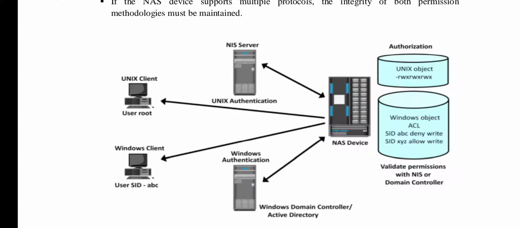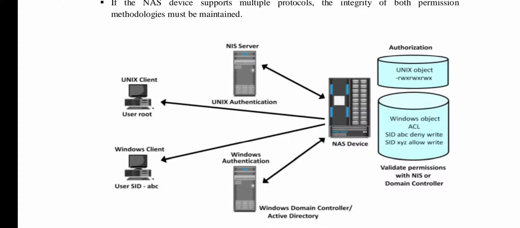The authorization will have the Unix object as such, and the Windows object, that is the ACLs, having the identifier as well as the privilege. These validate permissions with NIS or the domain controller: that is for Unix, and this is for Windows.